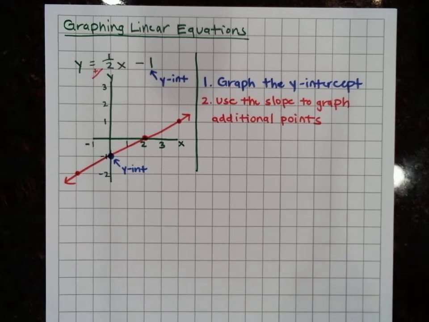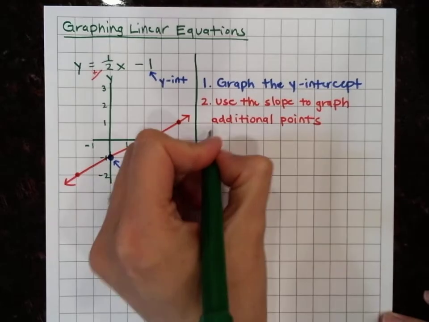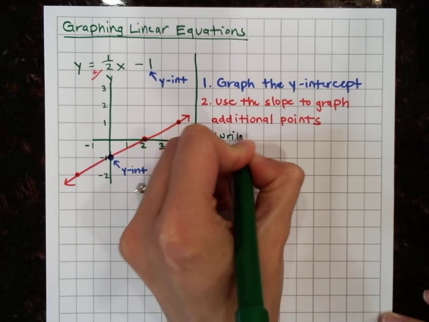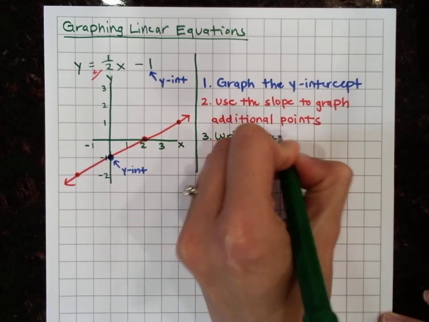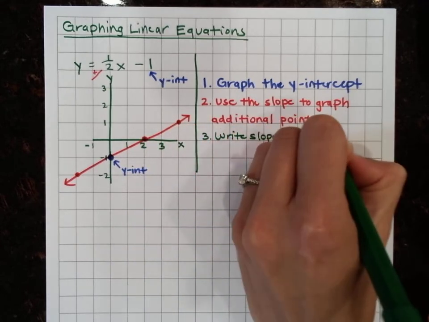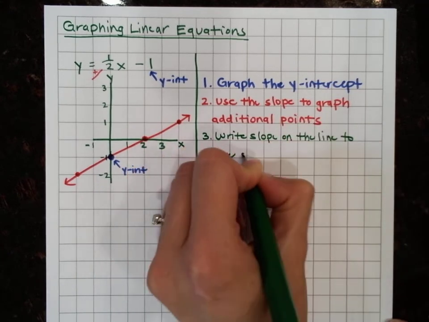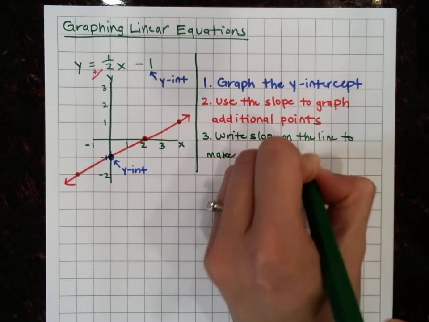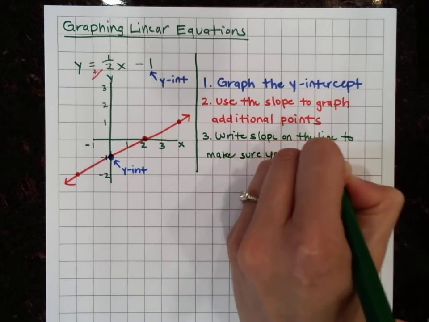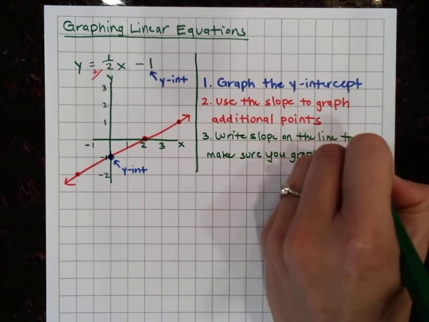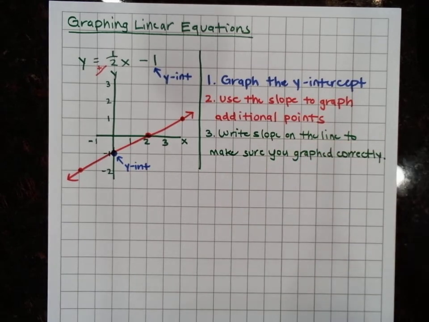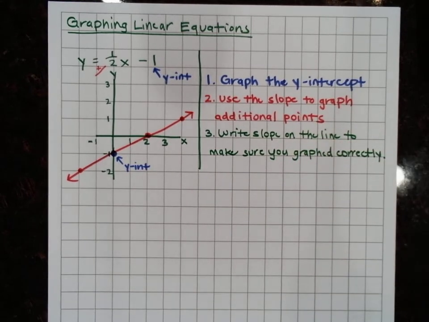And so the last step you're going to do is just write slope on the line to make sure you graphed correctly. The most common mistake is graphing a negative line when you're supposed to graph a positive, or graphing a positive line when you're supposed to graph a negative.